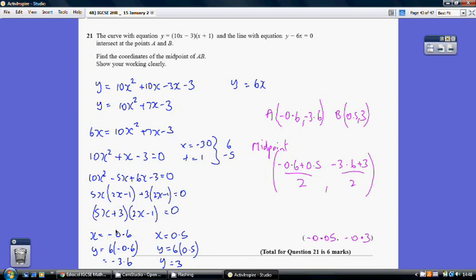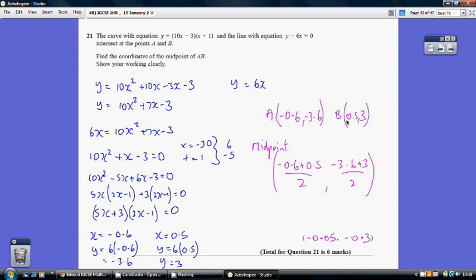I can then work out the y coordinates by substituting into the straight line, y equaling 6 lots of whatever x is. So 6 lots of minus 0.6 is minus 3.6, and 6 lots of 0.5 is 3. So I have my 2 coordinates, A and B: minus 0.6, minus 3.6, and 0.5, 3. Now how do I work out the midpoint of this line?